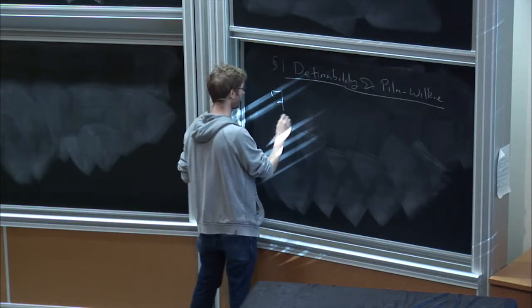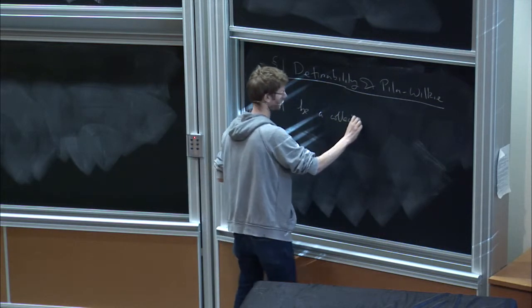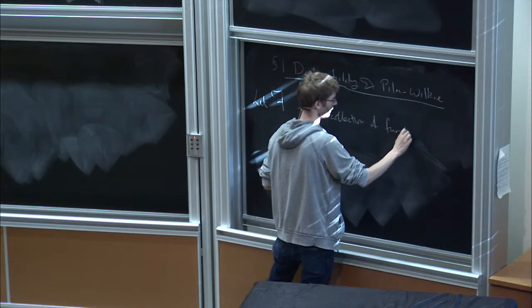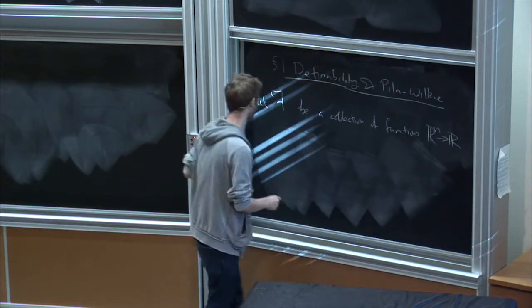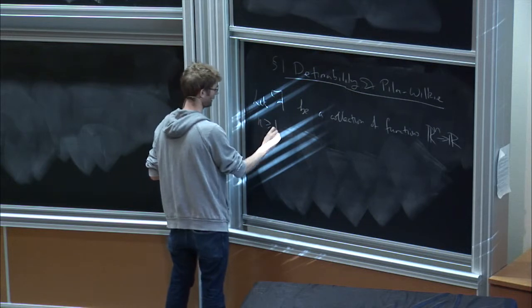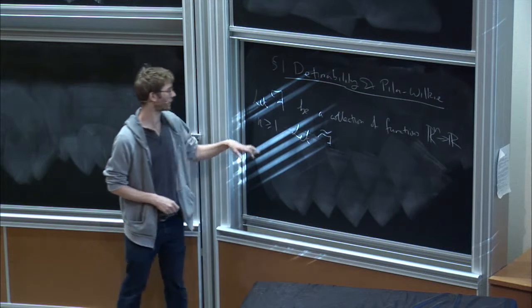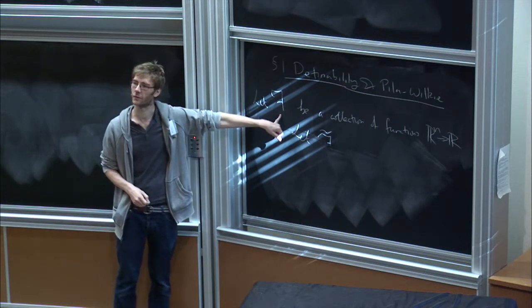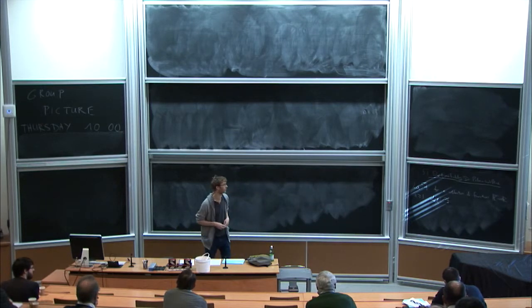Let's start with F. Let F be a collection of functions taking R^n to R for various n. And we start with this. These are the basic functions. And then we form a larger collection, F tilde, which is the smallest collection of functions containing all of these functions and containing all polynomials and closed under composition.